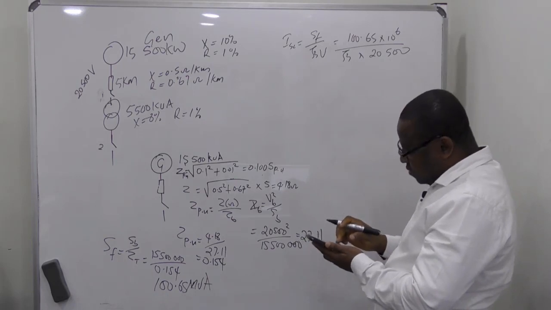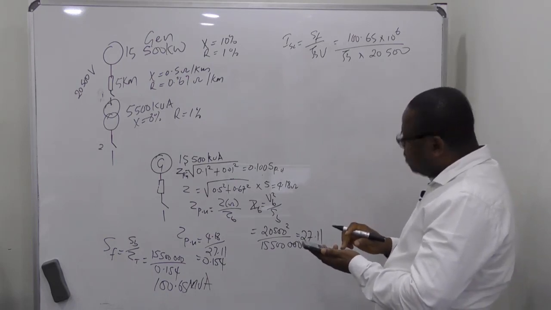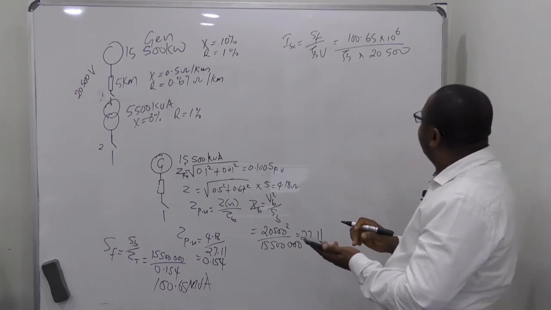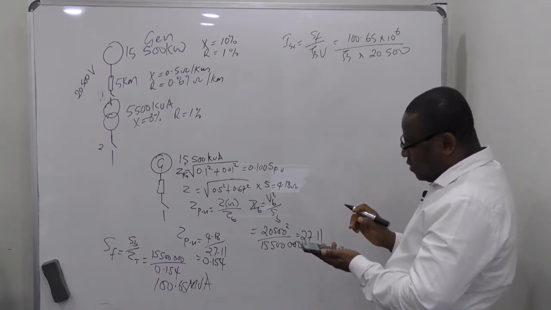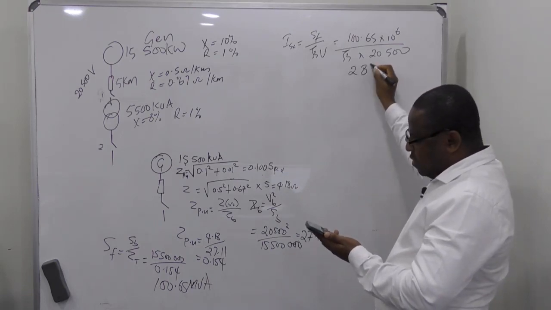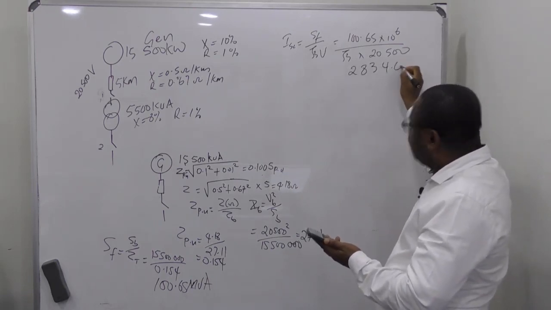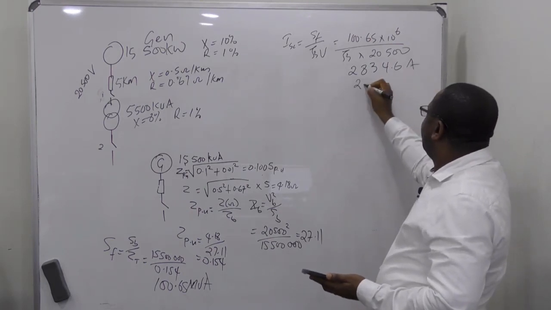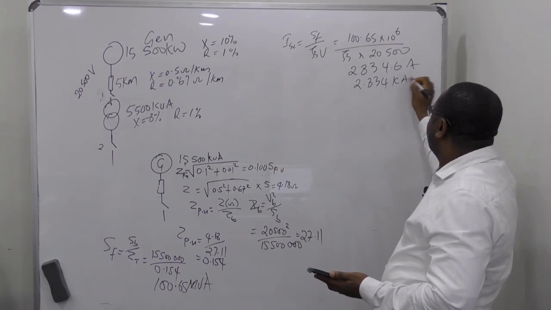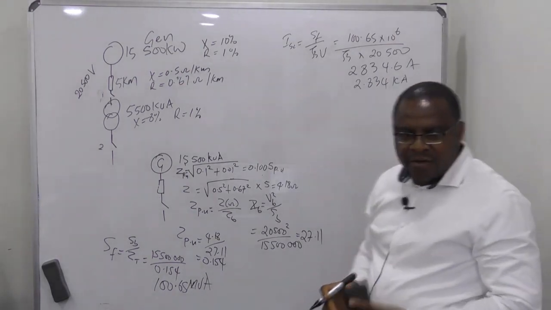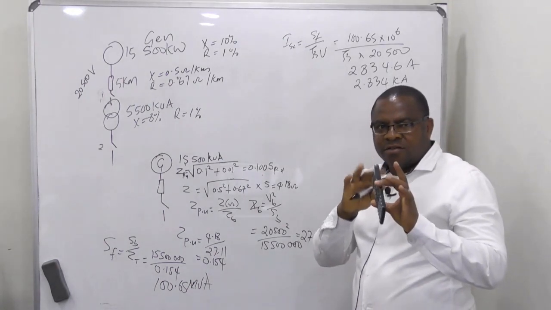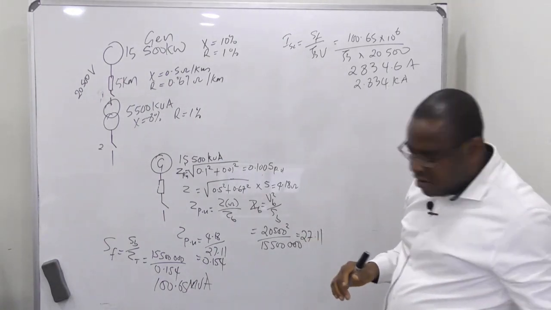So you get 2834.6 amps, which is 2.834 kiloamps. All right, you get that? Just make sure that your calculator is in order.